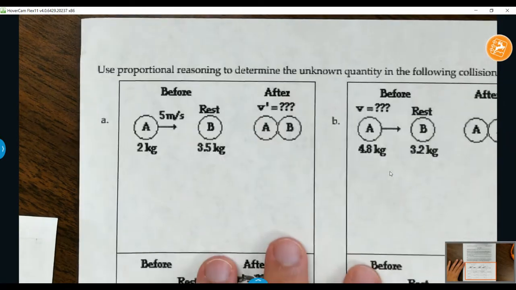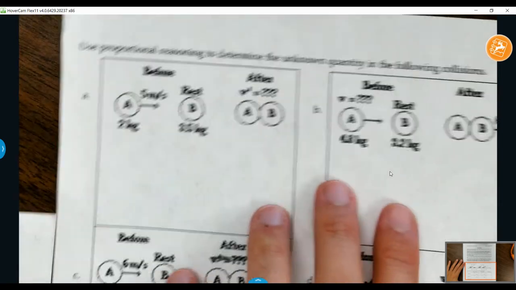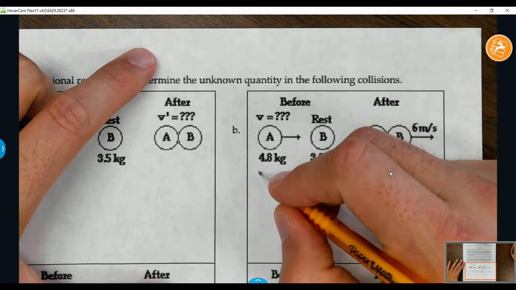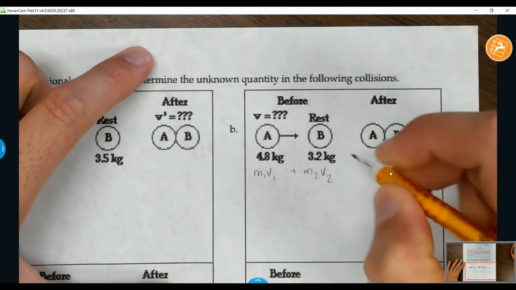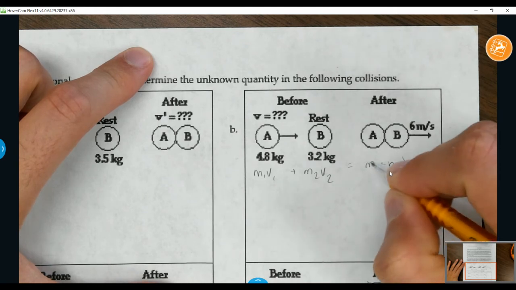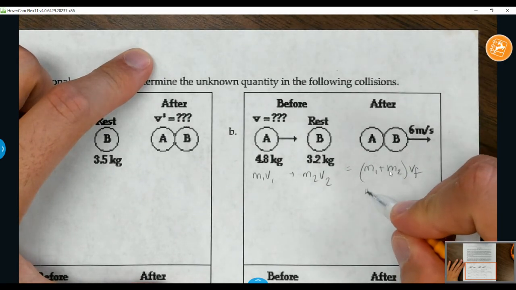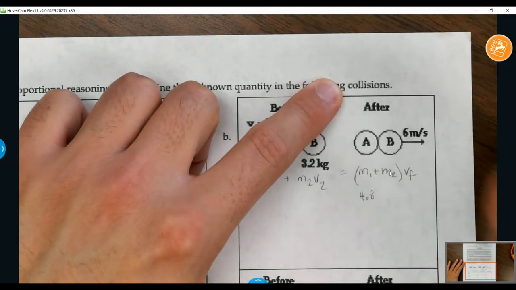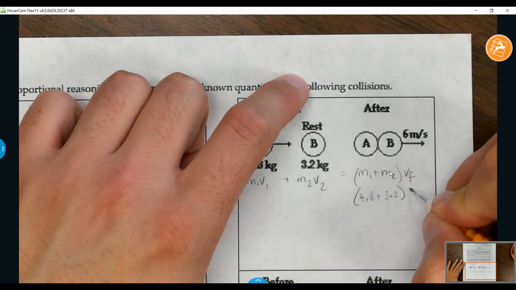On the back of our assignments, this is just like the first couple, where you're looking for VF. In this one, it's another elastic collision, but you're solving for V1. So you have 4.8 plus 3.2 times 6.